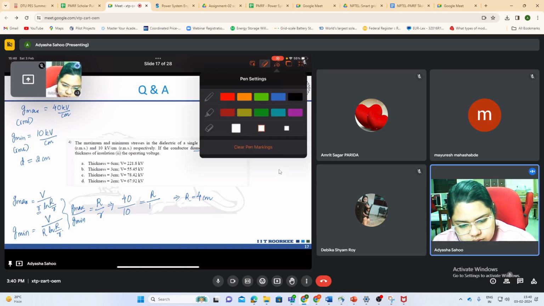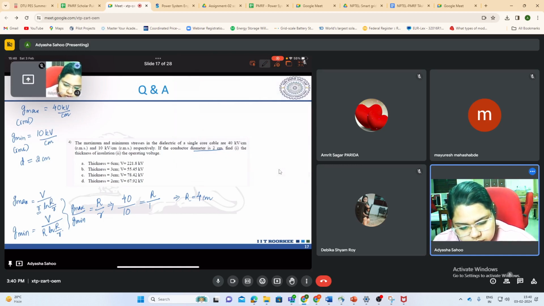So from here, again, small r plus t is 4 cm, small r is 1 cm, so t is 4 minus 1, which is 3 cm.